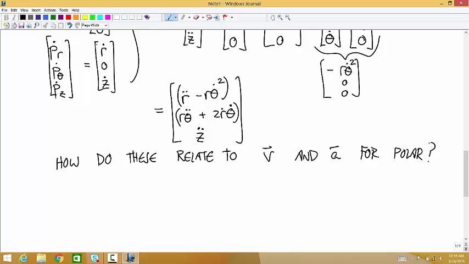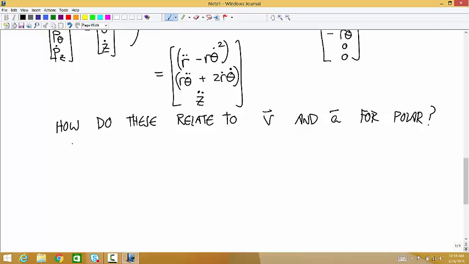They're just changing their orientations. But that z-axis, because the rotation is about the z-axis, doesn't change its orientation. So it behaves like we're used to with a coordinate system. It's just the r and the theta axes that behave differently than we're used to. So there's a z-axis added on that isn't changing its orientation.